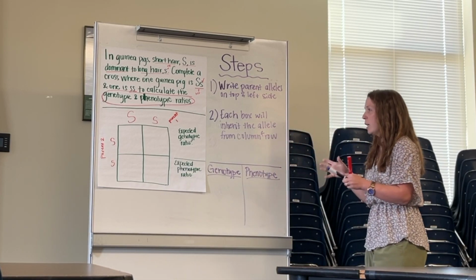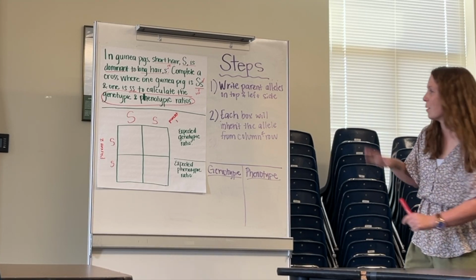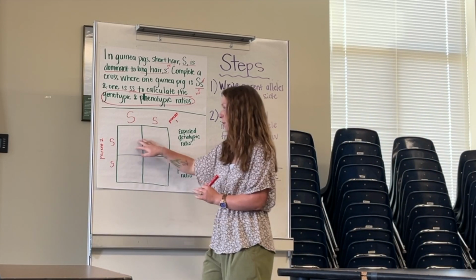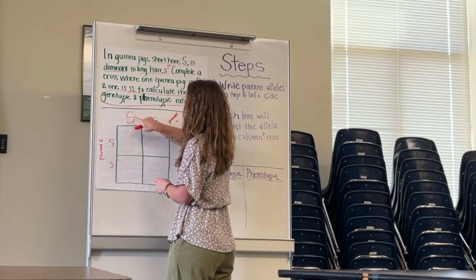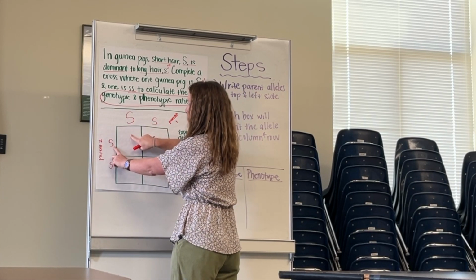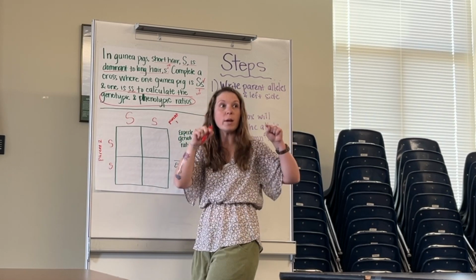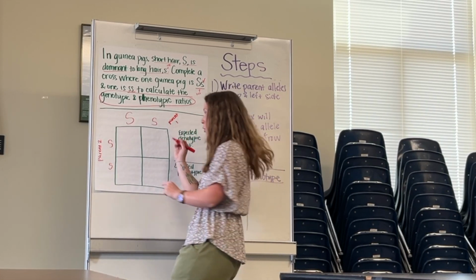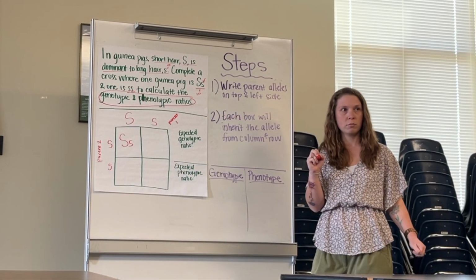So when I look at this, I'm going to say, okay, I've got to make a genotype in each of these boxes. So on my column, capital S, from my row, a lowercase s. I need to remember that dominant always comes first. So since I do have a capital here, I'm going to write that one first.